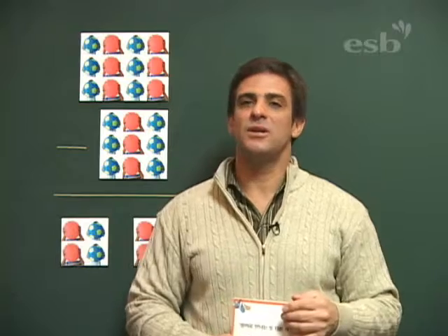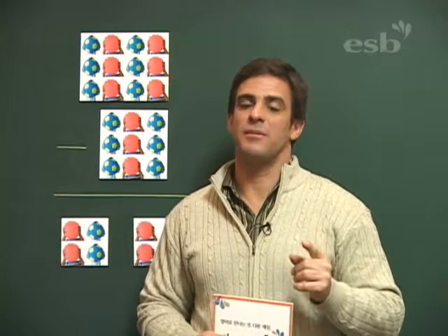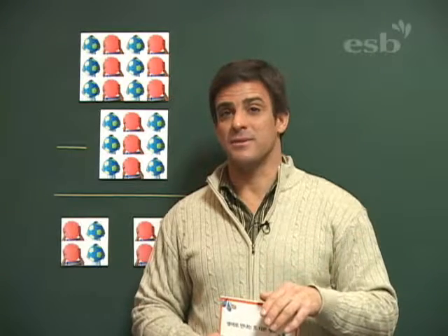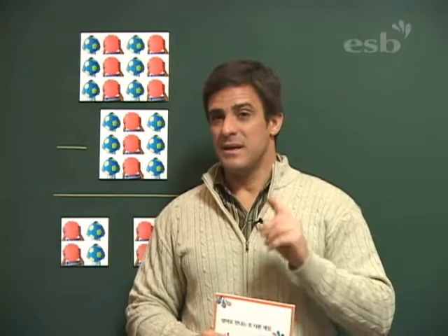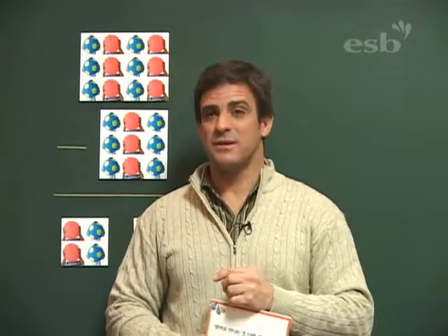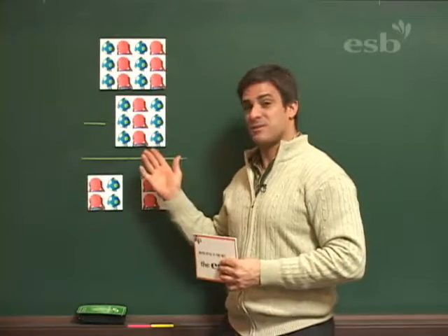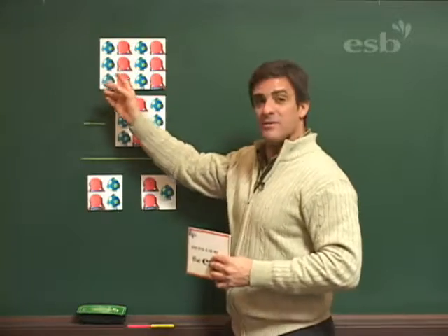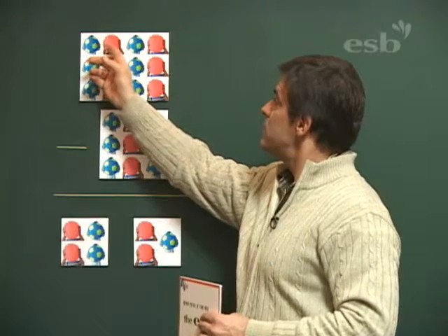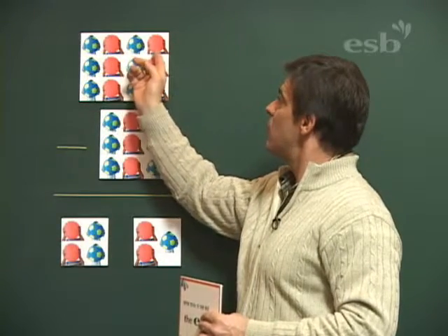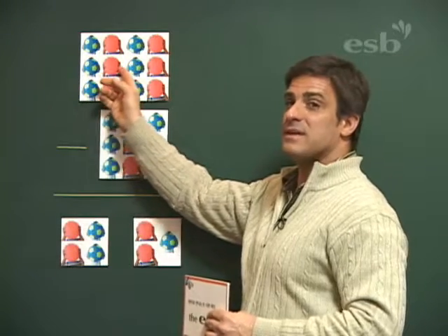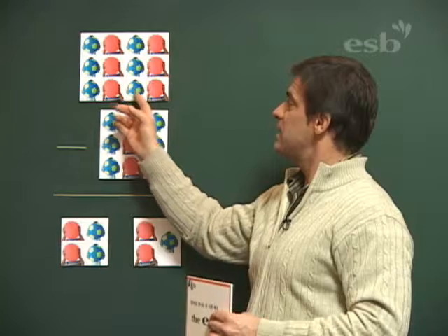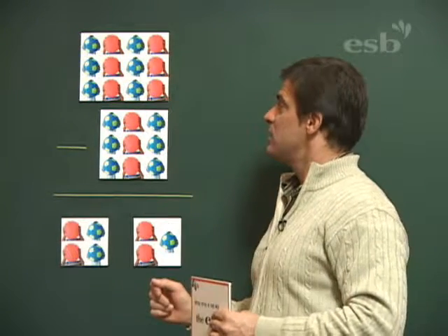Now let's take a look at a subtraction problem using pictures instead of numbers. Are you ready? What do we have here? 1, 2, 3, 4, 5, 6, 7, 8, 9, 10, 11, 12.